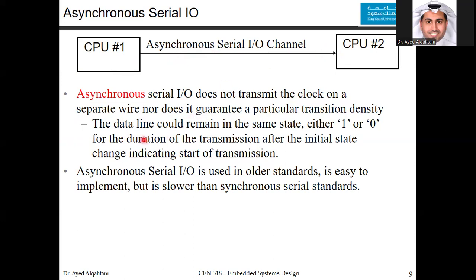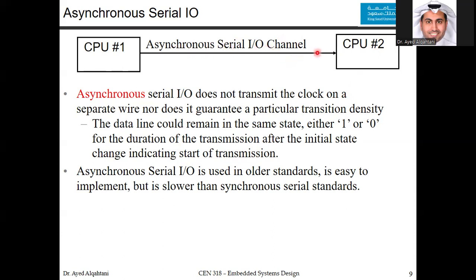So for that, the data line could remain in the same state, either 1 or 0, for the duration of the transmission after the initial state change indicated the start of the communication. The key word here is the start of the communication. So you need a way for the receiver to know exactly when the piece of information that the transmitter sent starts.